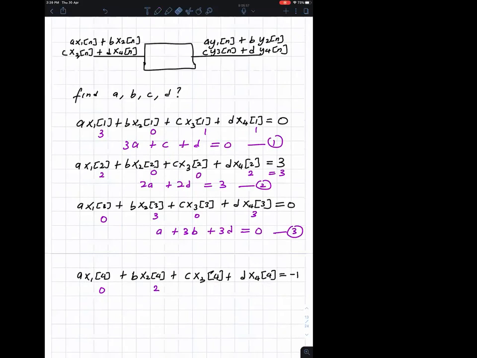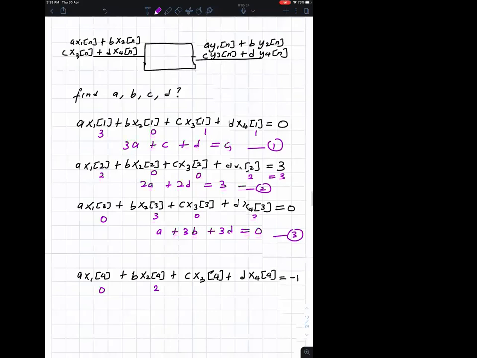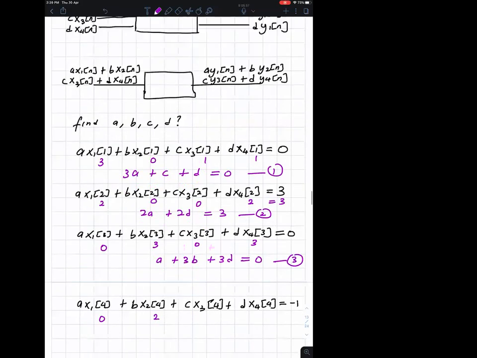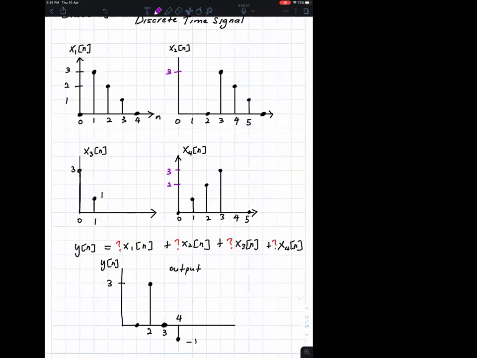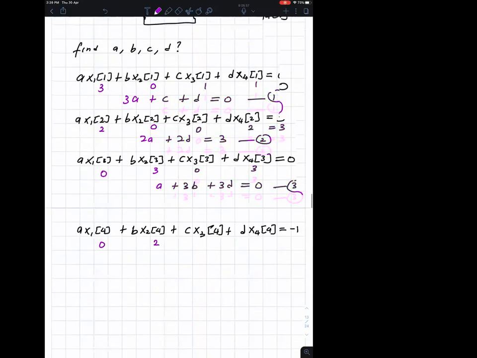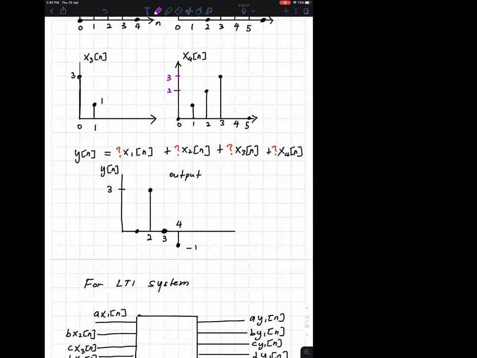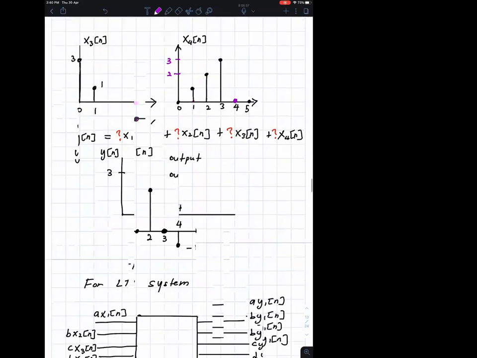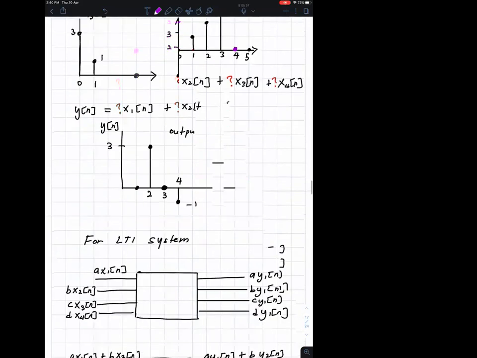Okay, X24 is 2, right? Oh, sorry, 0. Okay, X34 also 0. 1, 2, 3, 4. Also 0.